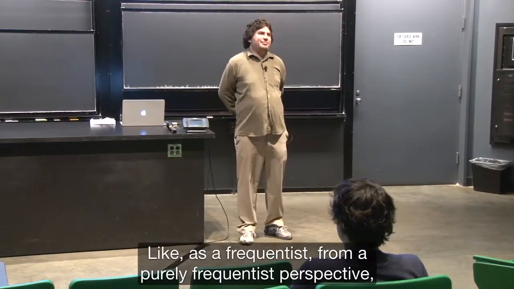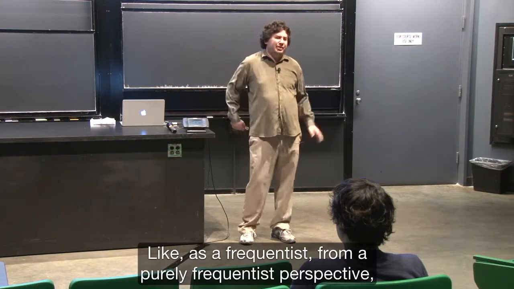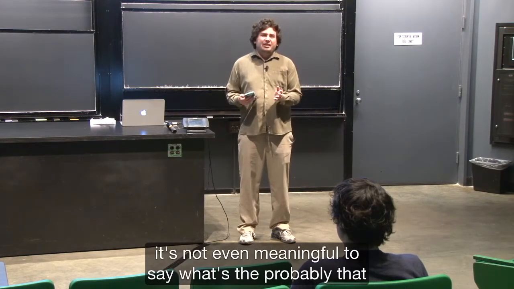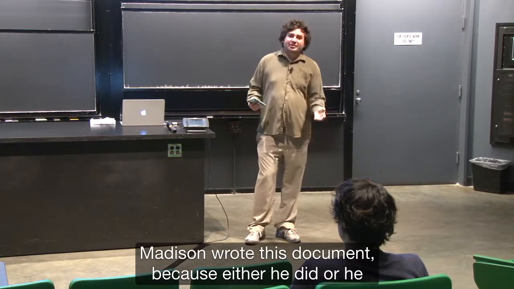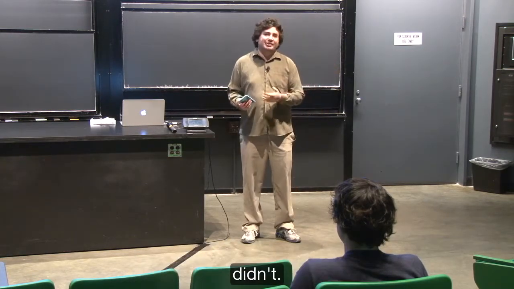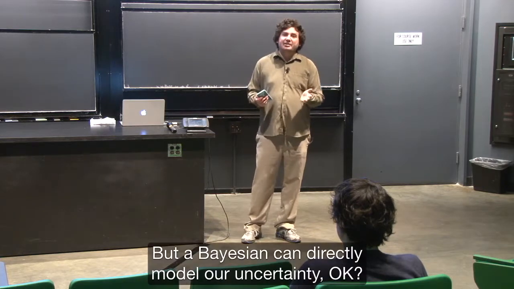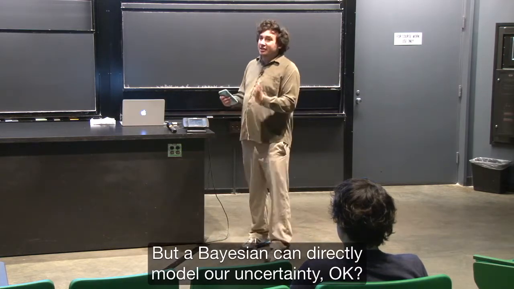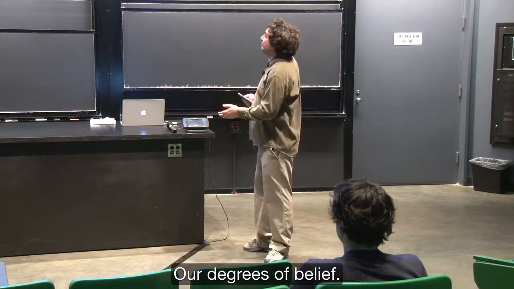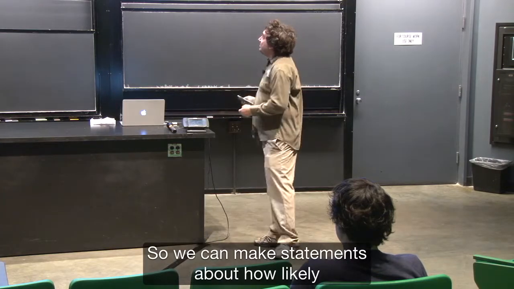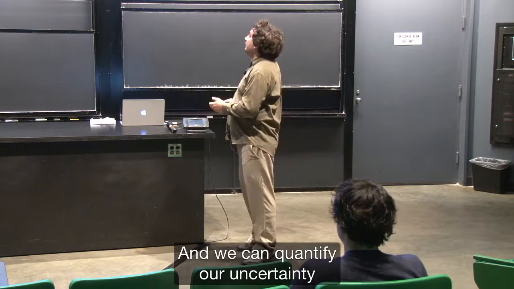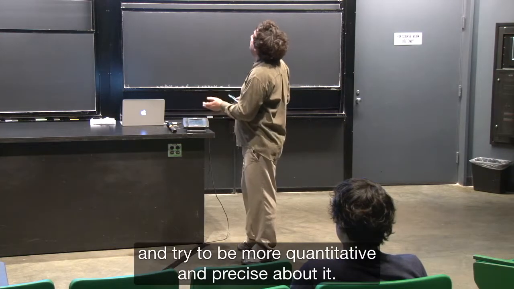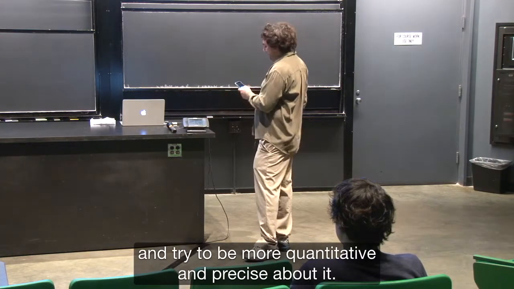From a purely frequentist perspective, it's not even meaningful to say what's the probability that Madison wrote this document, because either he did or he didn't. We just don't know which. But a Bayesian can directly model our uncertainty, our degrees of belief. So we can make statements about how likely it is that it was Madison, and we can quantify our uncertainty and try to be more quantitative and precise about it.